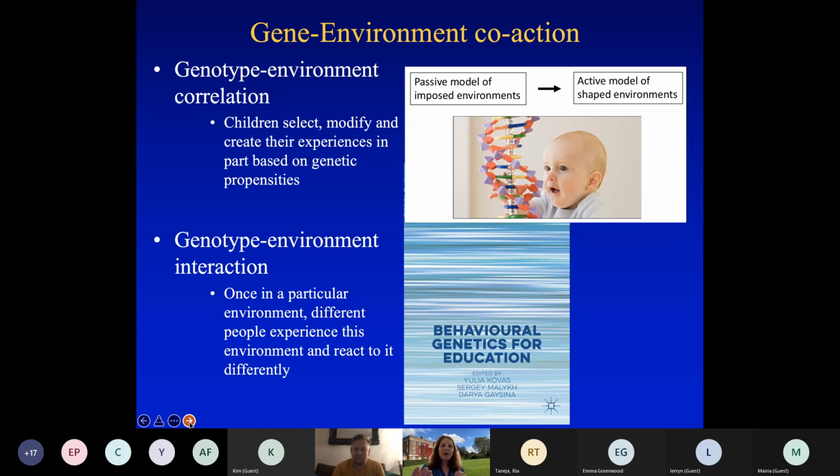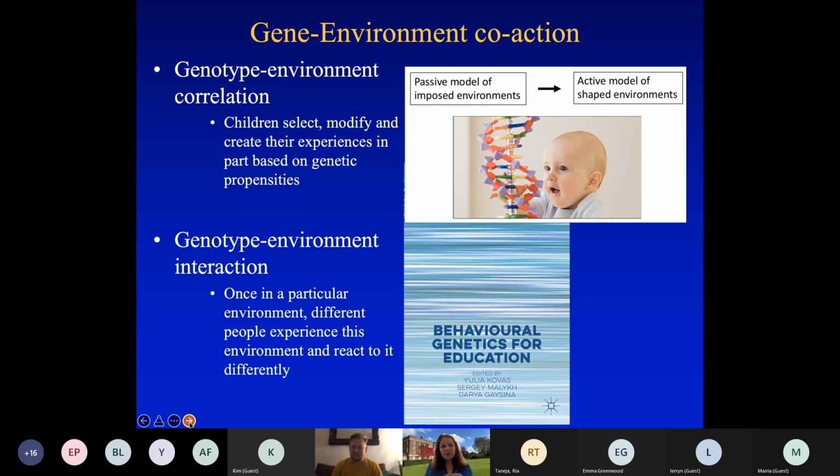So for example, this young baby may be very interested in this model of DNA, but another young baby may be completely disinterested in this information. And of course, despite the fact that they are in the same environment currently, they will be extracting different information from it. So this concept is called gene-environment correlation: how our genes to some extent influence how we perceive environments and therefore how environments affect us.